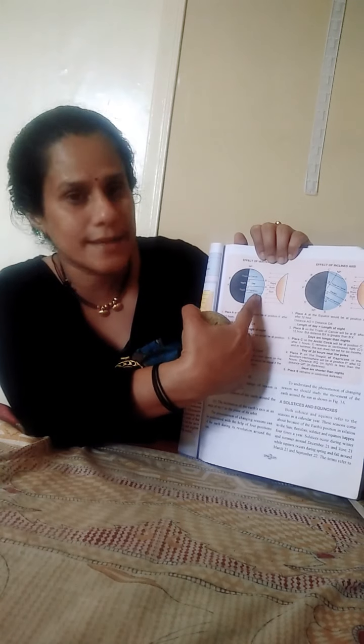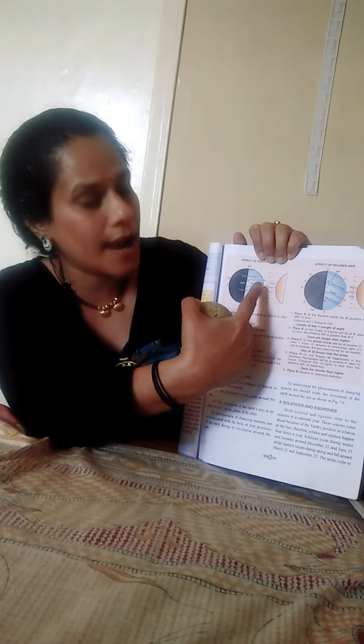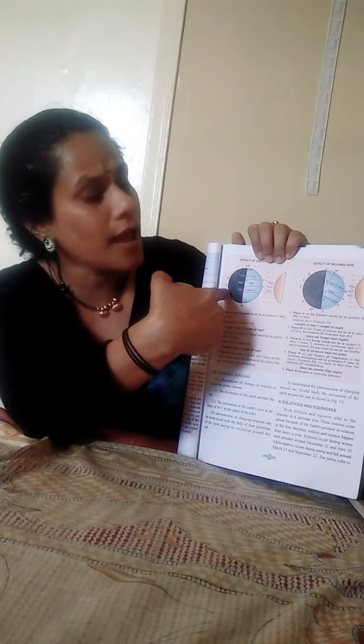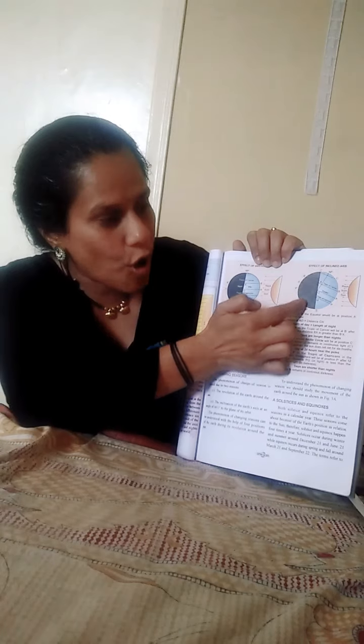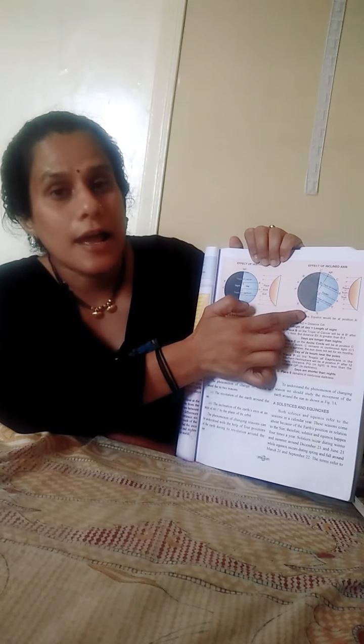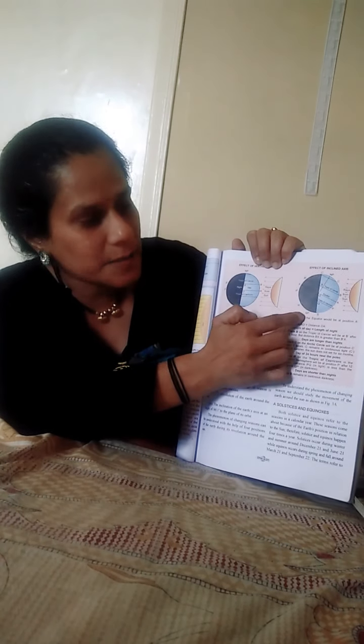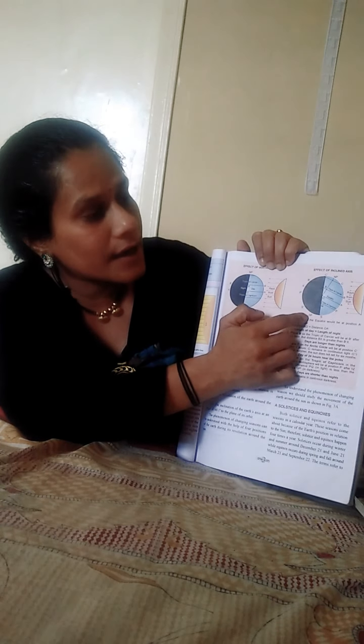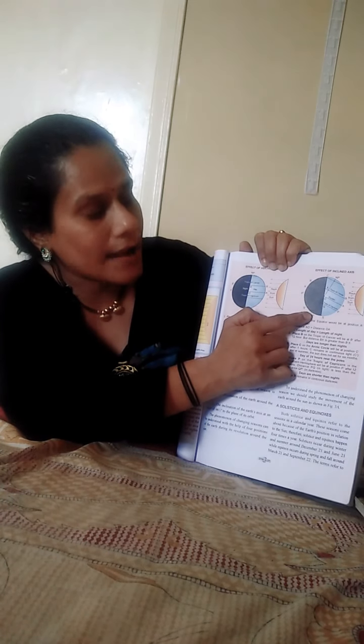This part is the day, this part is the night, and when it goes round in this way, the portion which was here will come to this side and this portion will go to the back. So days and nights are caused, and because of this line, NP and SP, this is called the tilted one. It is the inclined axis.